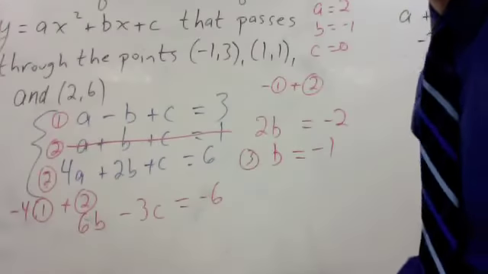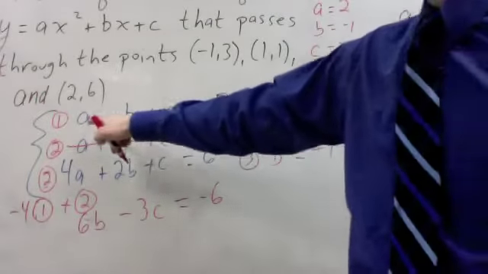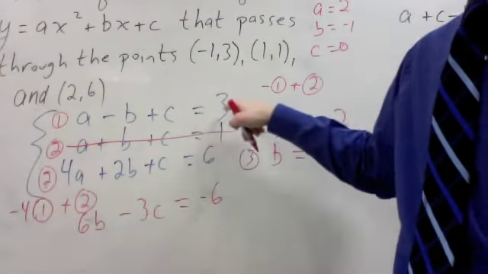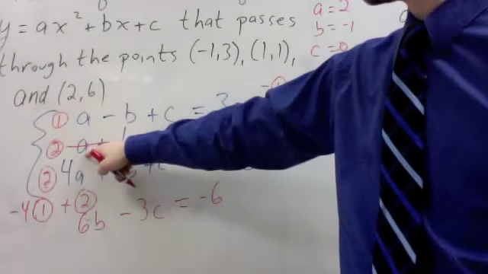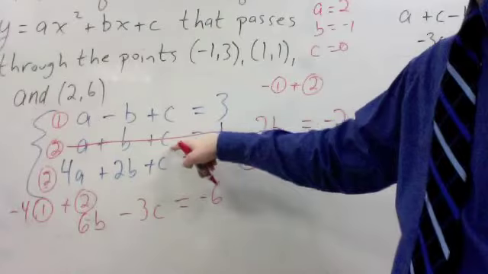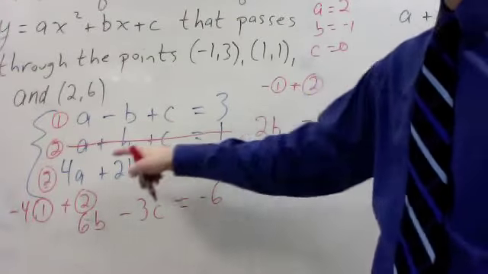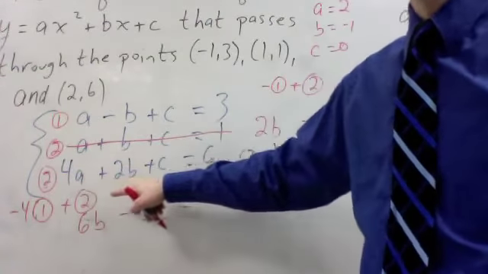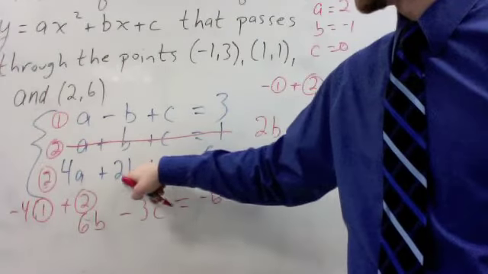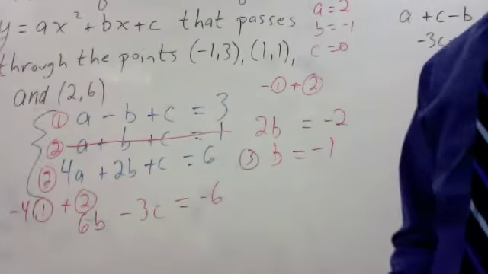We want to double check that. In our original equations, 2 plus 1 is 3, plus 0 is 3, good. 2 plus negative 1 is 1, plus 0 is 1, good. 4 times 2 is 8, plus 2 times negative 1 is negative 2. 8 minus 2 is 6, plus 0 is 6.